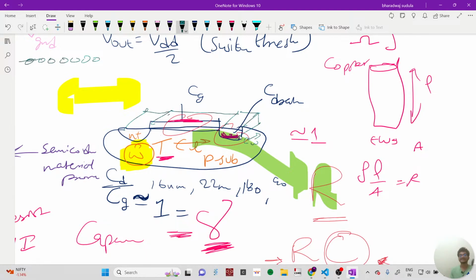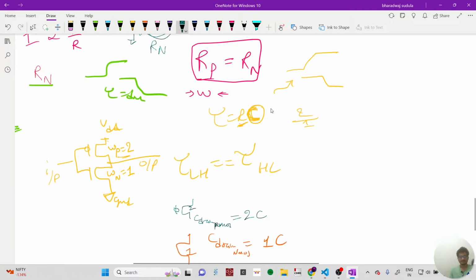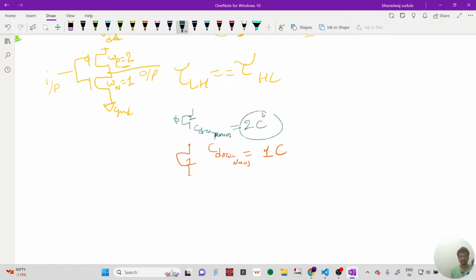As you increase the width, capacitance will obviously increase. So this is 2C and this is 1C. Thus, the drain cap of the inverter is 3C.